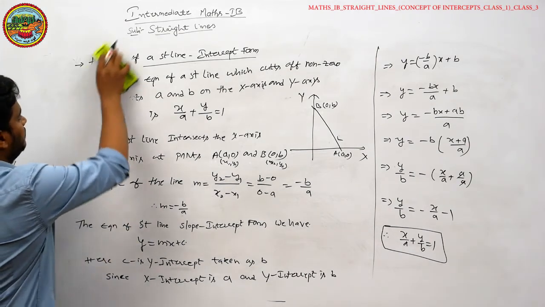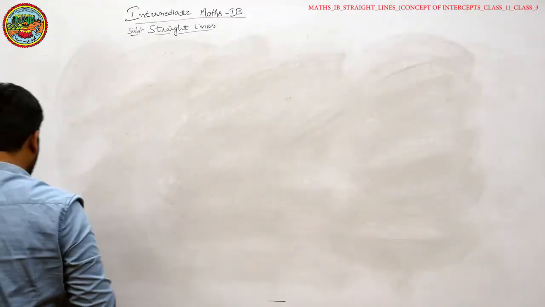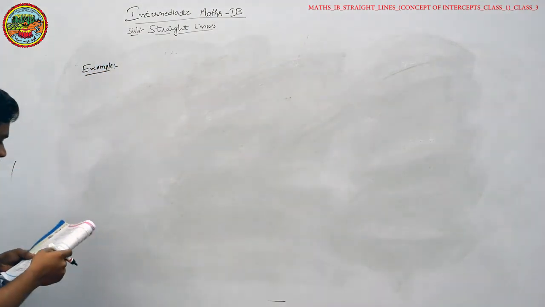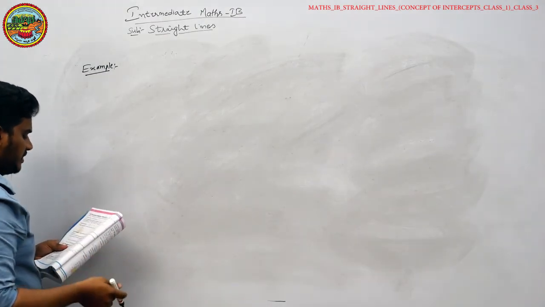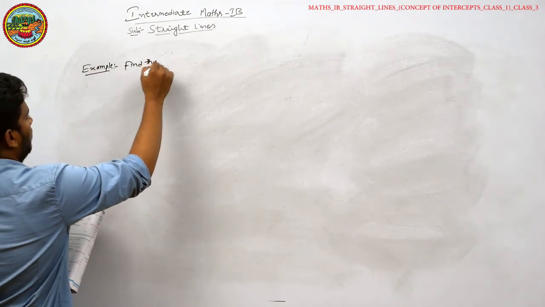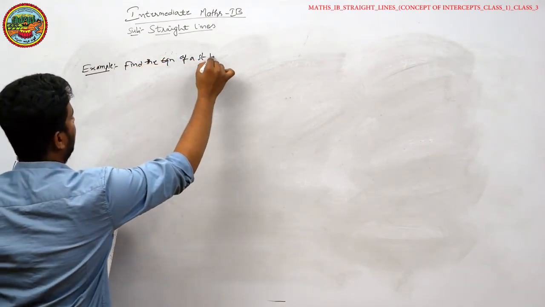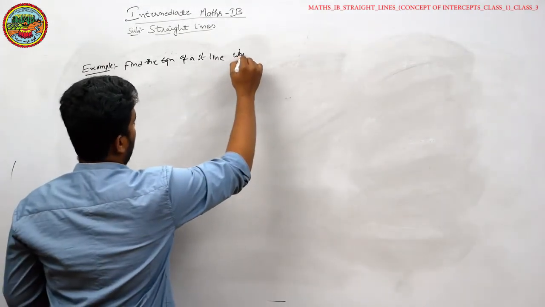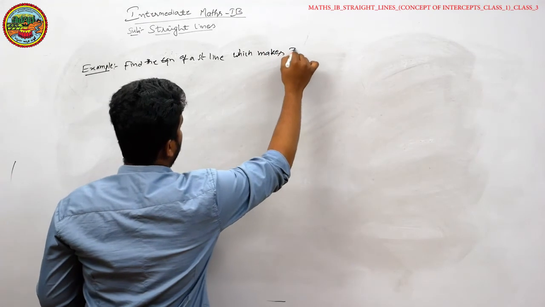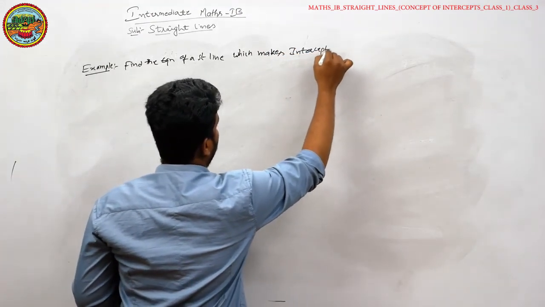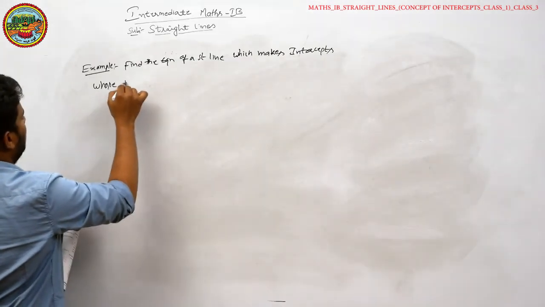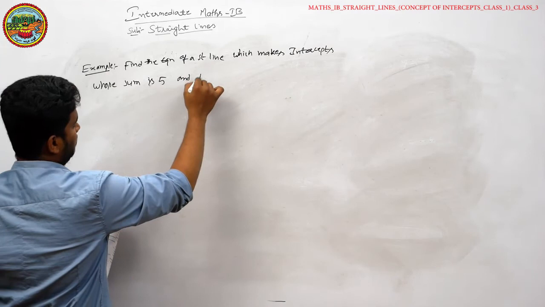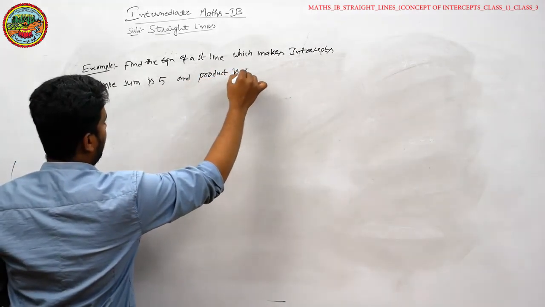So we see one example. Find the equation of a straight line which makes intercepts whose sum is 5 and product is 6.